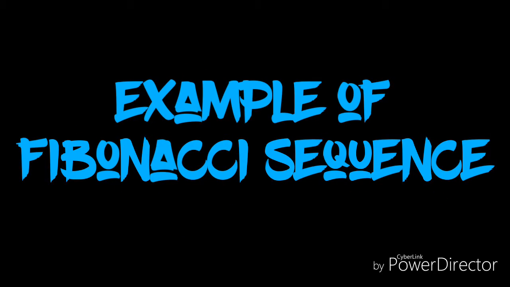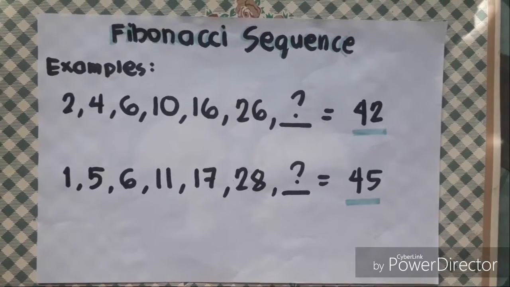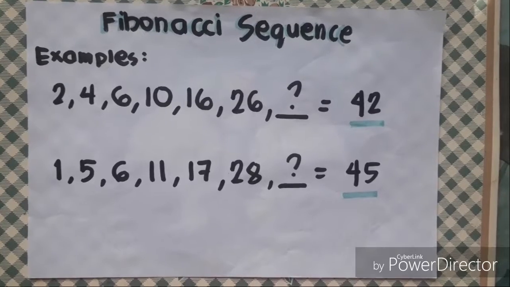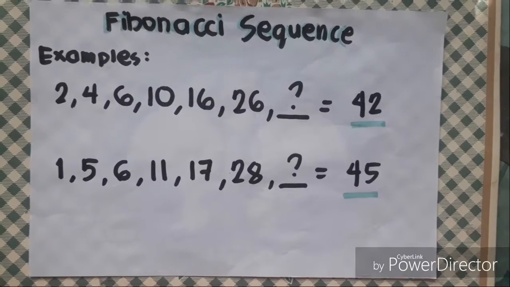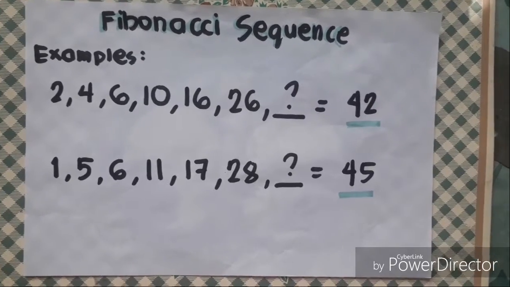Fibonacci sequence. Fibonacci sequence, it is formed by adding the preceding numbers beginning with 0 and 1. Example of Fibonacci sequence. First example is first number is 2, then follow up by 4, then 6, 10, 16, 26.